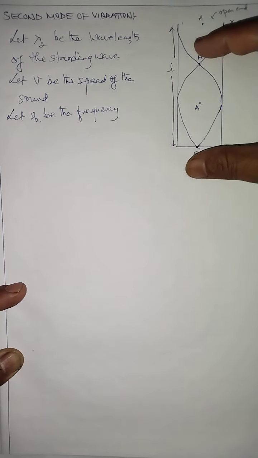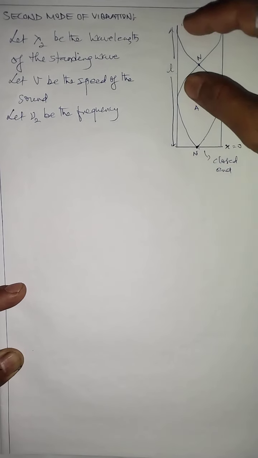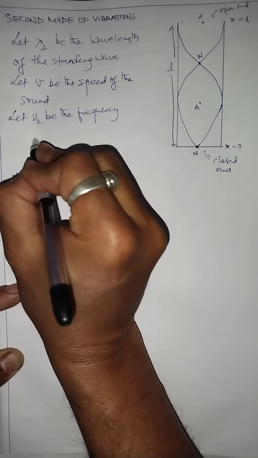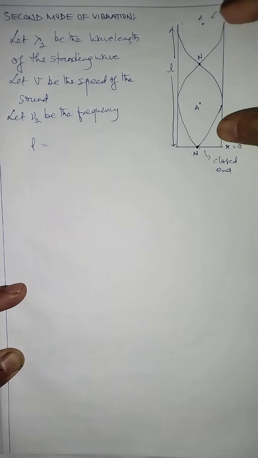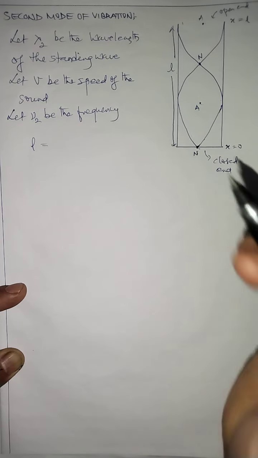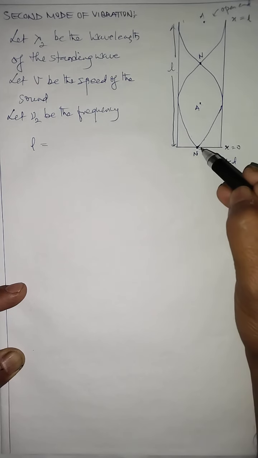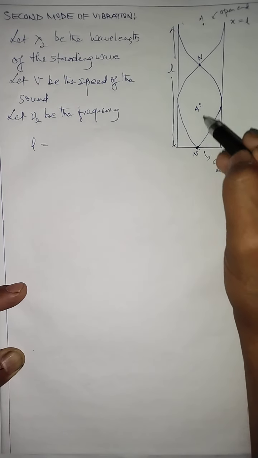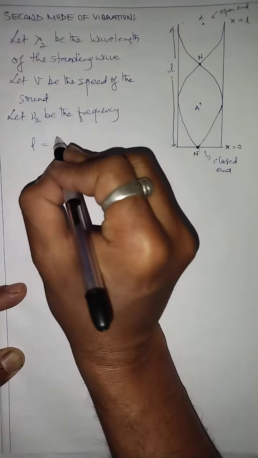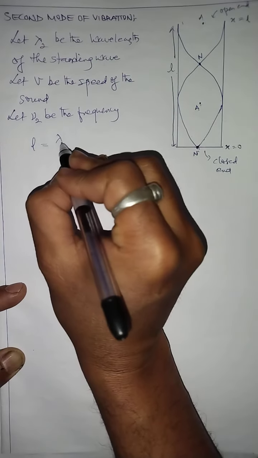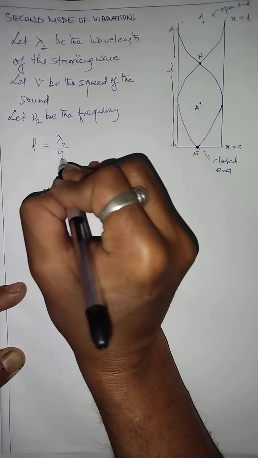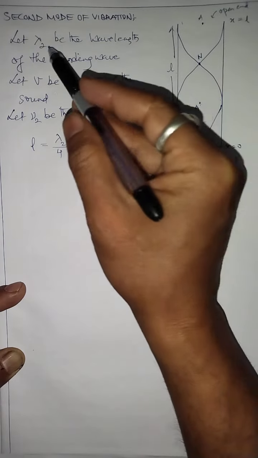But in order to measure this frequency, if you look at the diagram, this particular length is L, the length of the air column. L is equal to the mode of vibration which takes place. Look at how many nodes and antinodes are formed. 2 nodes and 2 antinodes are formed. And you know the distance between a node and an antinode is equal to what? Lambda by 4. So I write lambda 2 by 4, because the wavelength in this mode of vibration I have considered lambda 2.